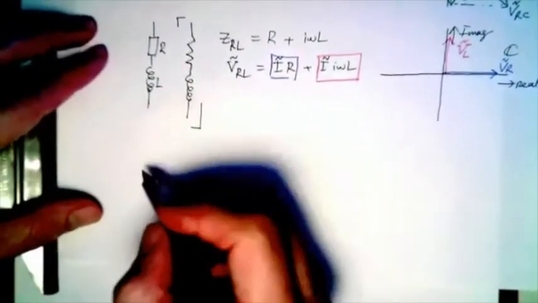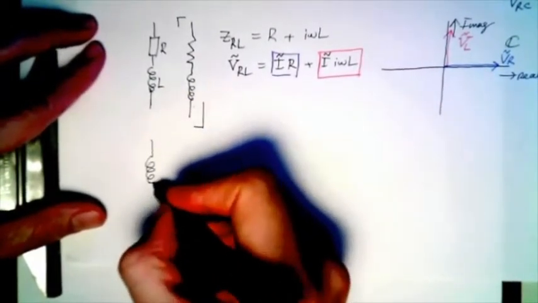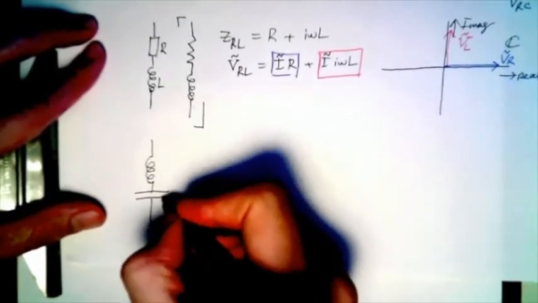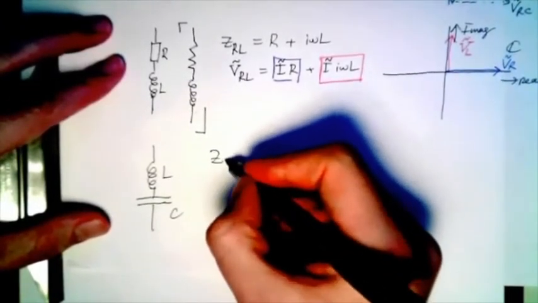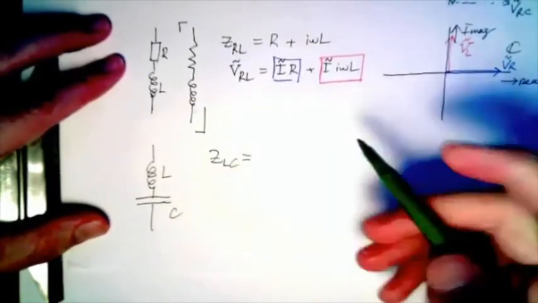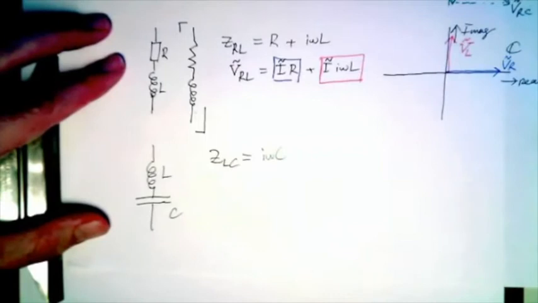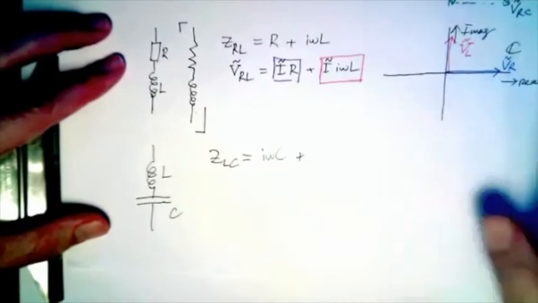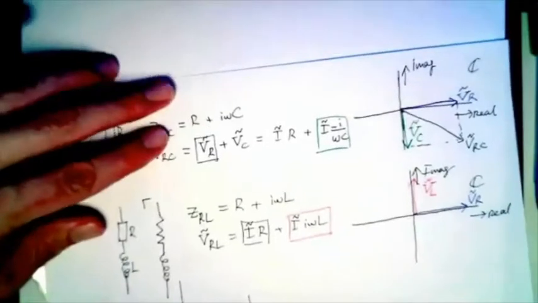Okay, now this is the nice one, the really interesting one. This is one of my favorite things. This is the inductor and this is the capacitor. So ZLC is i omega L plus, sorry, 1 over i omega C. And in fact, I did this wrong here as well.